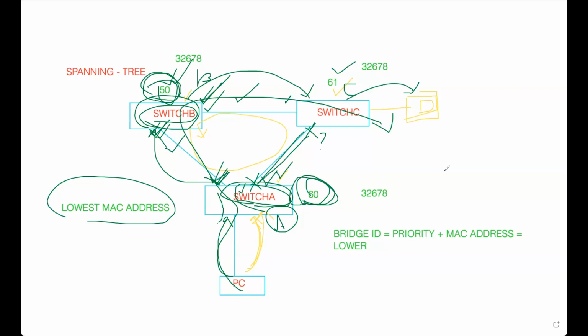If we don't use a spanning tree, there will be a broadcast storm and there will be loops in the network, and that will bring the network down. Correct. Yes.